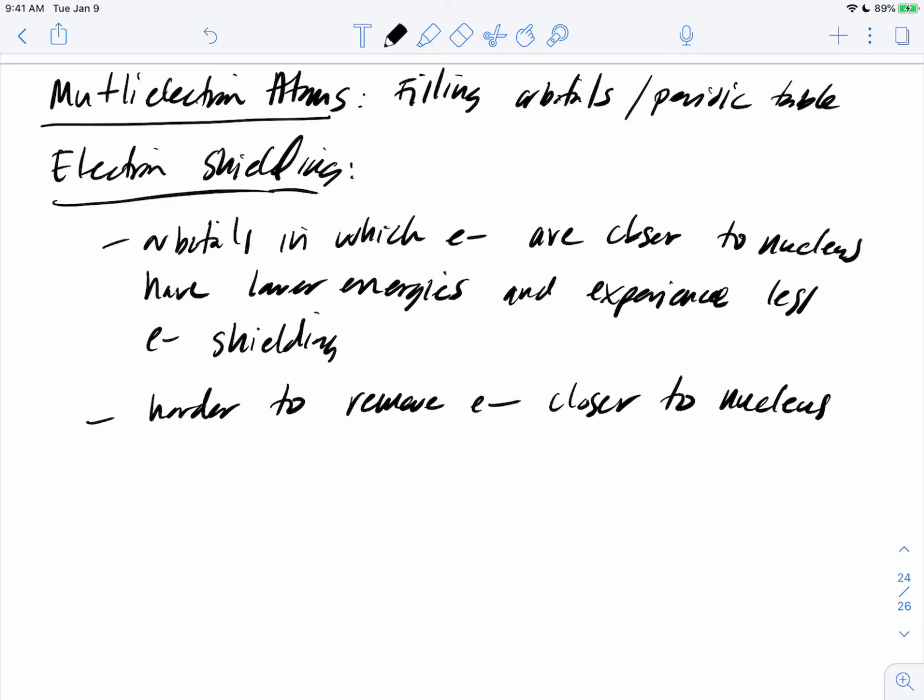So in a multi-electron atom, which again is everything except for hydrogen or one-electron atoms, we're going to call this electron shielding.